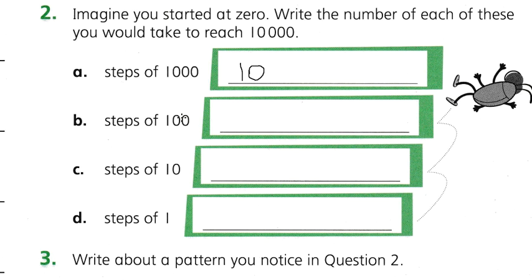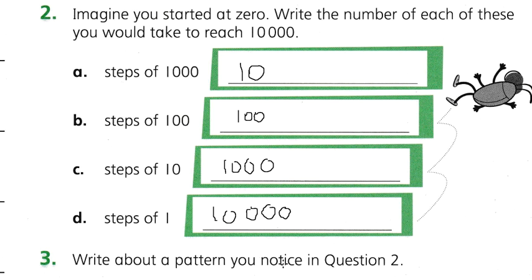If you were taking steps of 100, you take off 2 zeros, so divide the 10,000 by 100, which would leave you with 100. If you were taking steps of 10, you take one of those off and you'd be left with 1,000. And if you were taking steps of 1, there would be 10,000 of them.